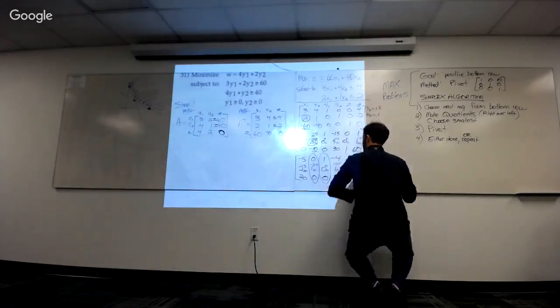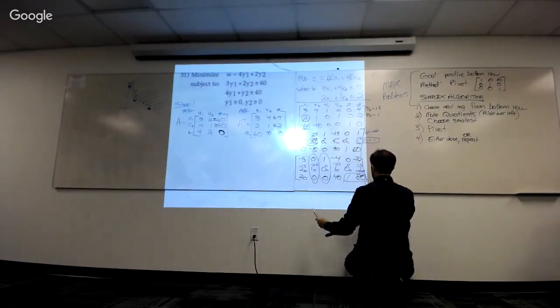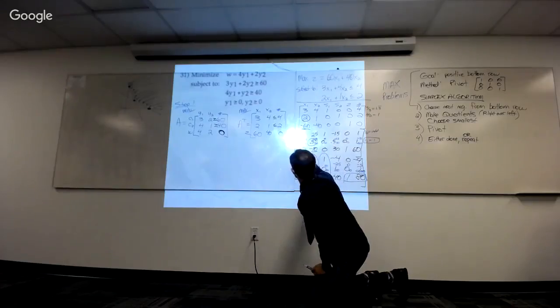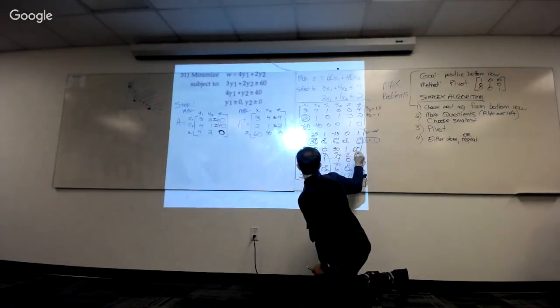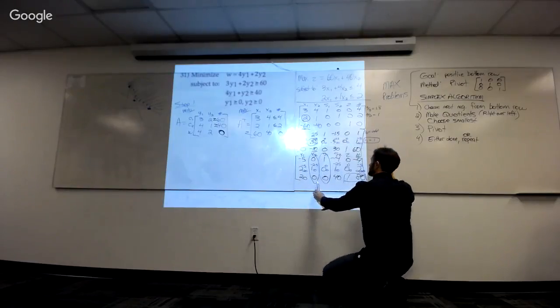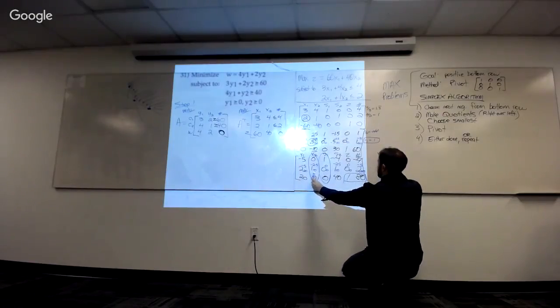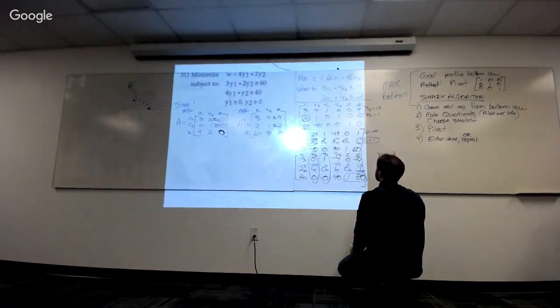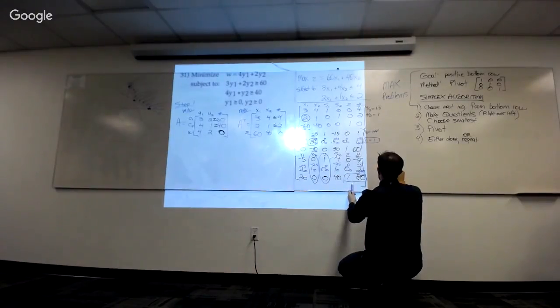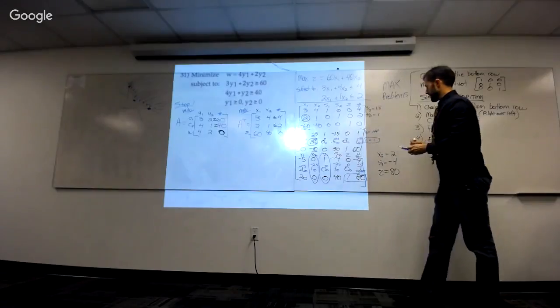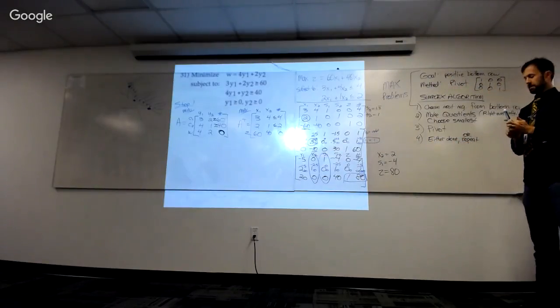What we can now say is that we should label our headers here: x1, x2, s1, s2, z, and a number. So now we know in the maximization problem that x2 is equal to 2, and s1 is equal to negative 4. It seems fishy. And z is equal to 80.